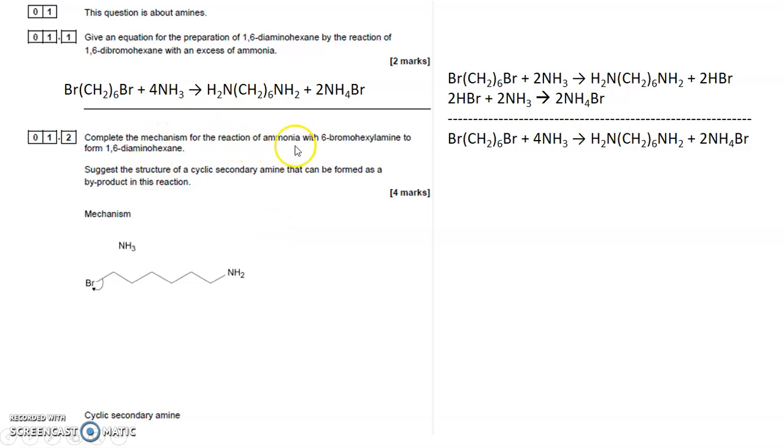Complete the mechanism for the reaction of ammonia with 6-bromohexyl amine, so this must be this chemical here, to form 1,6-diaminohexane. So there's an NH2 at one end and this NH3 is going to replace this Br. There's a carbon at each of these points here, so there's a carbon 1, 2, 3, 4, 5, 6.